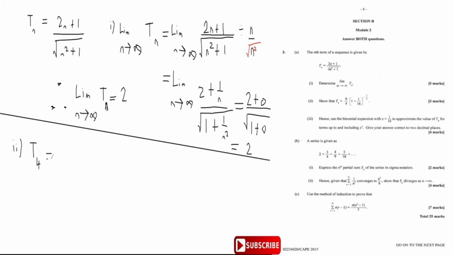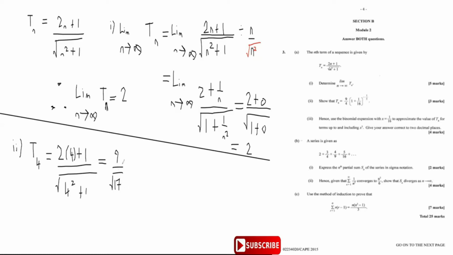So T4 is equal to, substitute n as 4. So it's going to be 2 times 4 plus 1 over the square root of 4 squared plus 1. So really and truly T4 is just 9 over the square root of 17. That's T4, 9 over the square root of 17.